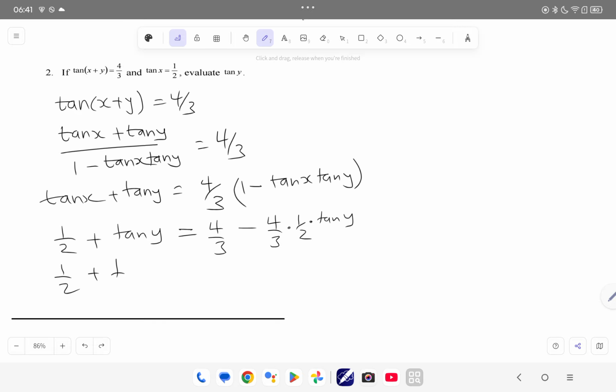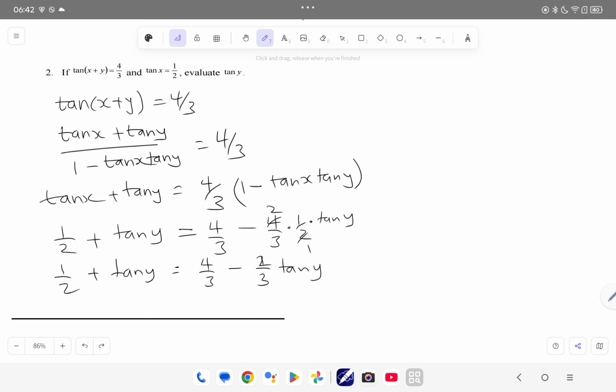So a half plus tan y will be equal to 4 out of 3 minus 2 over 3 tan y.